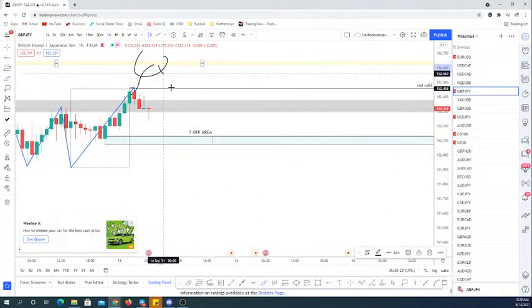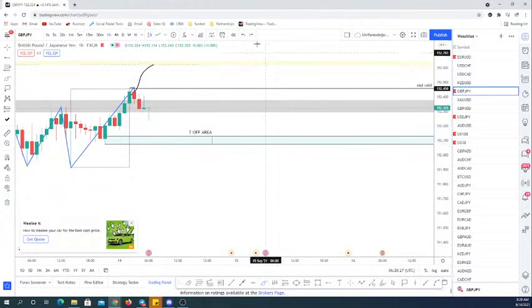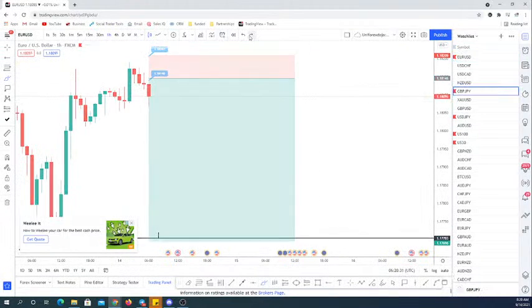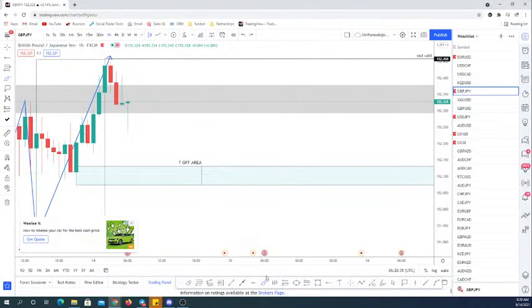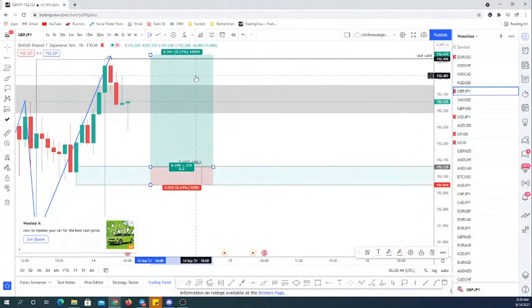And then once it does, waiting for it to come down, trigger that in, and then push us all the way up. So, with the GJ, it's relatively the same idea as the previous one. So, we are looking at something like this, pushing all the way up, of course.